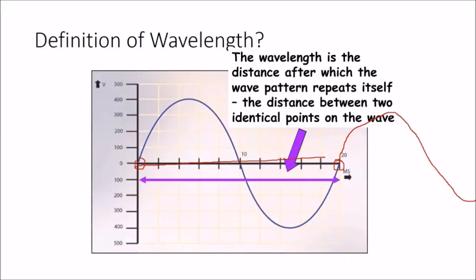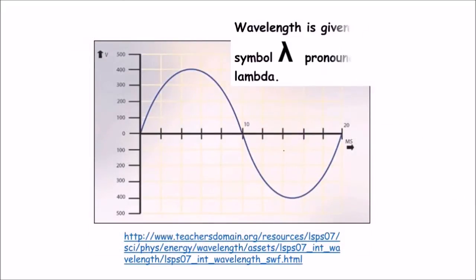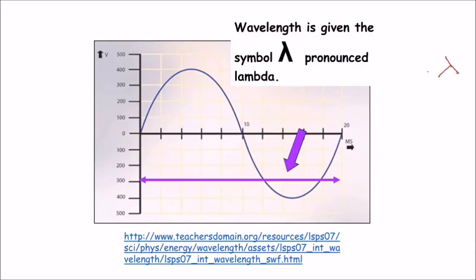The distance between two crests or two troughs is also the wavelength. We pronounce the symbol as lambda. So whenever we write this, we are talking about the wavelength, the length of the wave, a unit length actually.